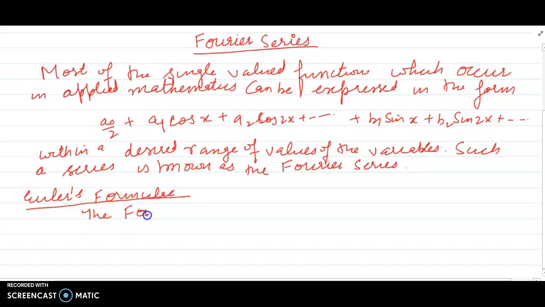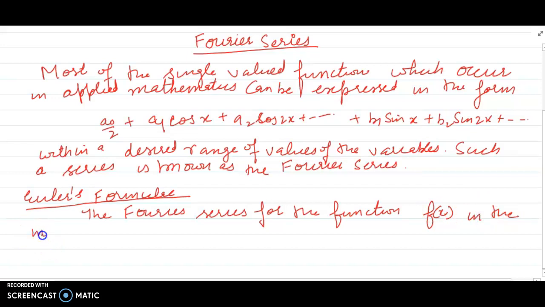If I start with the Fourier series for the function f of x, in the interval alpha to alpha plus 2l, how can we write the Fourier series of this function?